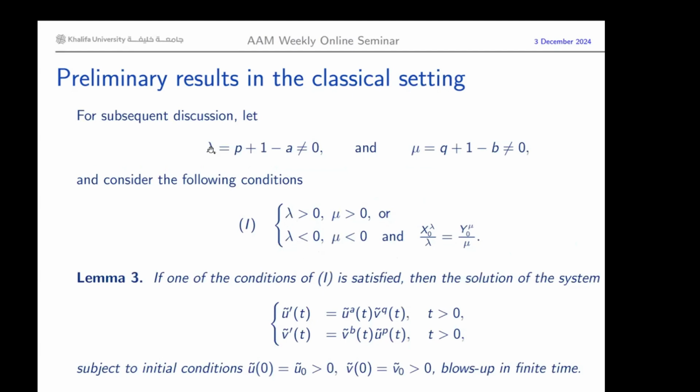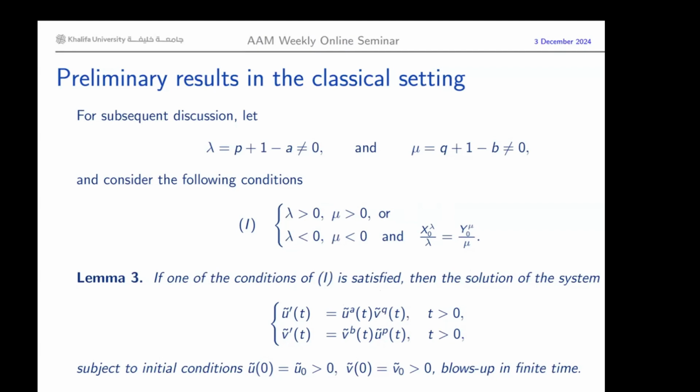So we denote by lambda the interaction between the power of u, and mu the interaction of the power of q. We say that if lambda and mu don't compete in sign, and in the case when lambda and mu are negative, this extra condition is satisfied. I'm really sorry, it should be u0 and v0. Then the solution of our system blows up in finite time also.